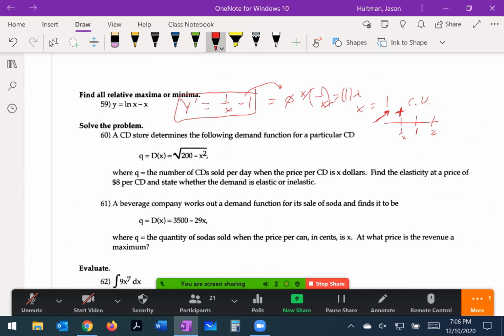If I do 2, I get a negative number, so that's downhill. So this would make it a maximum. There's a max at y equals natural log of 1 minus 1. Natural log of 1 is 0, minus 1, so y equals -1. So at (1, -1), this is a maximum.